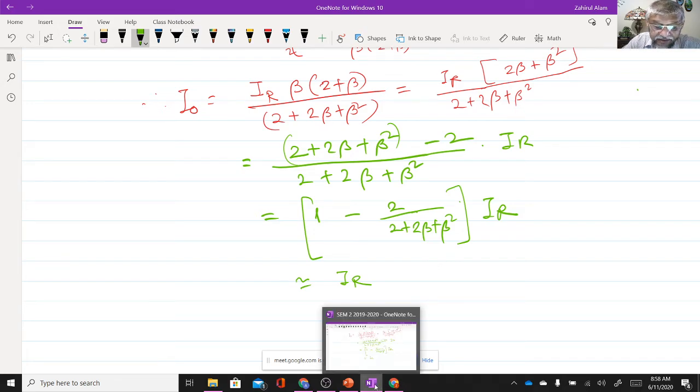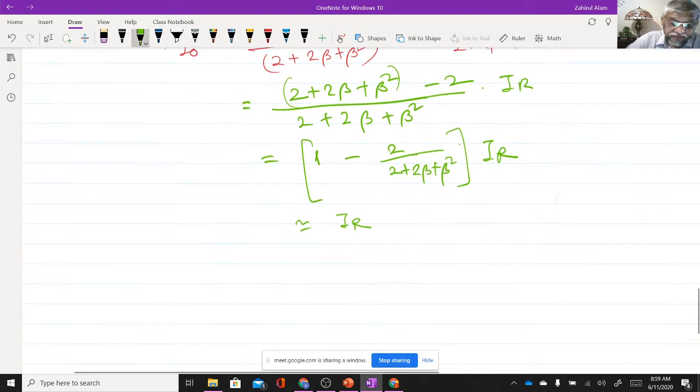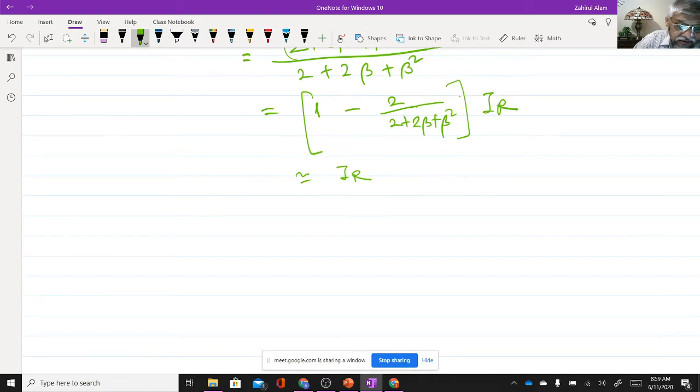Now for this particular case, although we are not going to derive it, the output resistance is equal to R02 times (1 plus beta over 2).